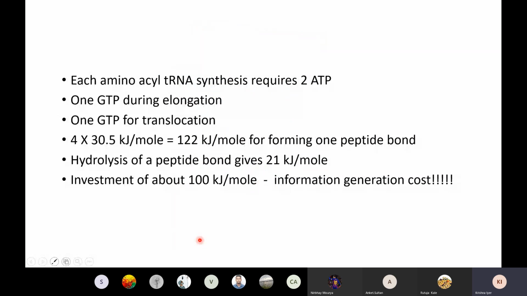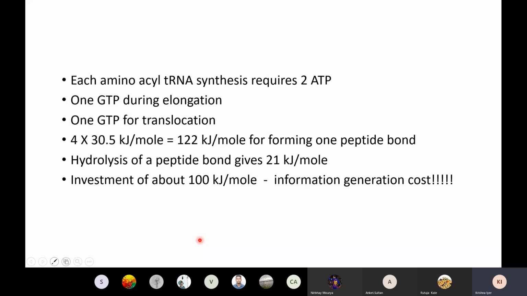So the bottom line is this: if you think very carefully, making proteins is not cheap. Each aminoacyl tRNA synthesis requires 2 ATP, because if you remember that reaction, the reaction occurs with the release of pyrophosphate, which gets hydrolyzed. Now, every time an aminoacyl tRNA comes in and sits in what is referred to as the A site, that process of bringing the aminoacyl tRNA to the A site requires 1 GTP, and then the subsequent peptide bond formation.